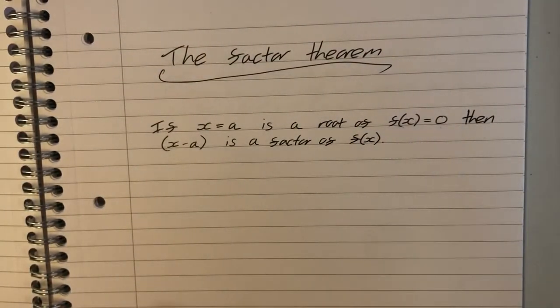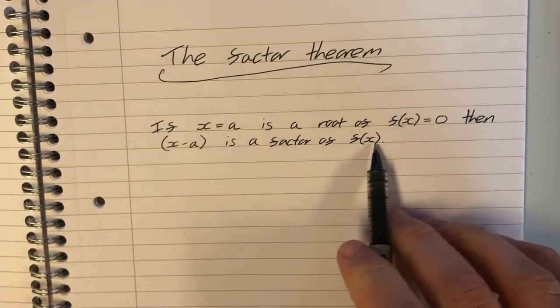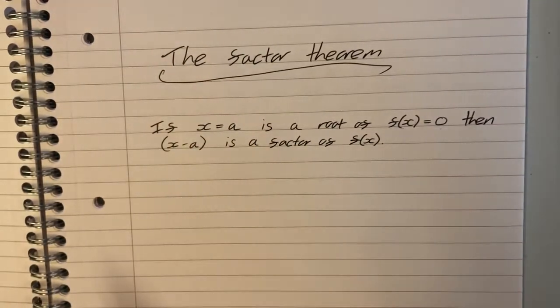It means that we can divide f of x as polynomial by this factor, and we'll end up with a polynomial of one less order, but with no remainder.